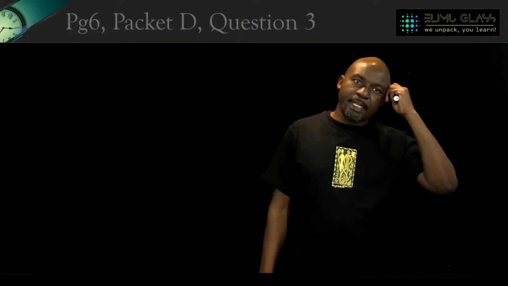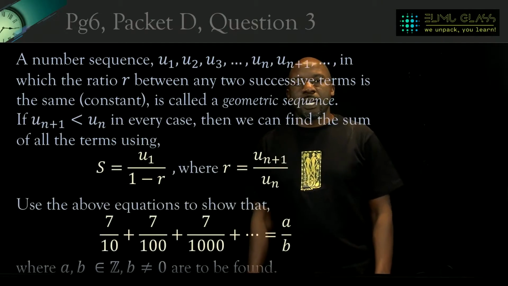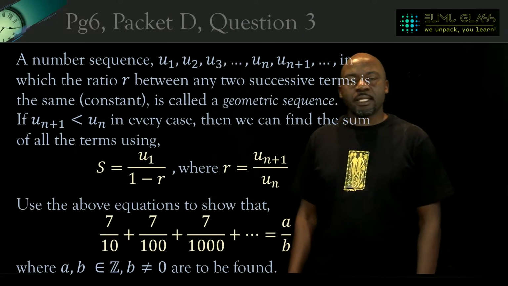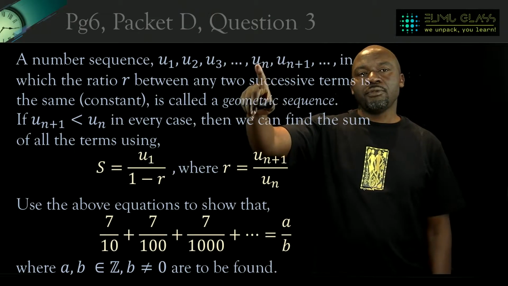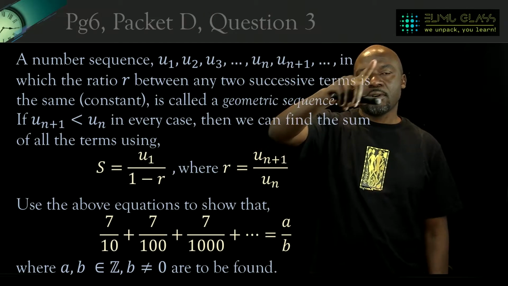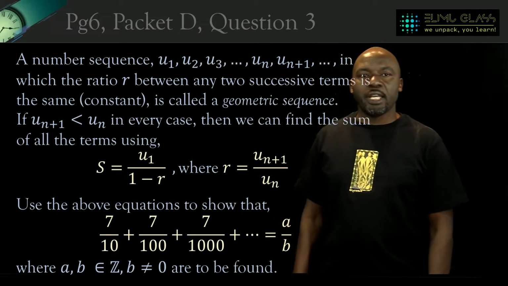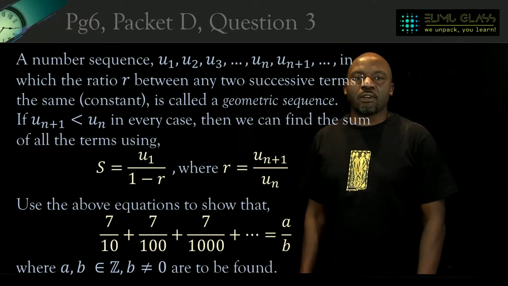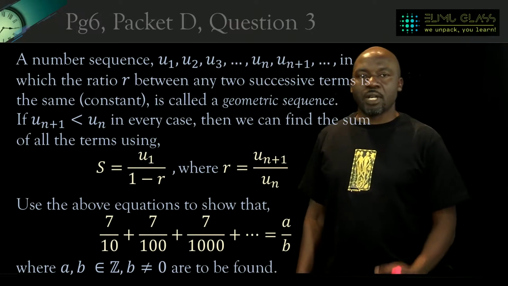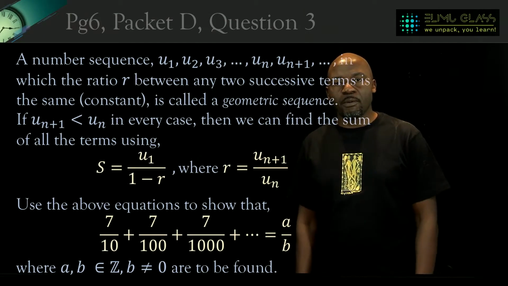I picked the next question from page 6, packet D, and this time it was question number 3. All right, so a number sequence given by u1, u2, u3, and so on, un plus 1, and so on, in which the ratio r between any 2 successive terms is the same, is called a geometric sequence. I will explain this as we go, of course, in case you've not met this before.